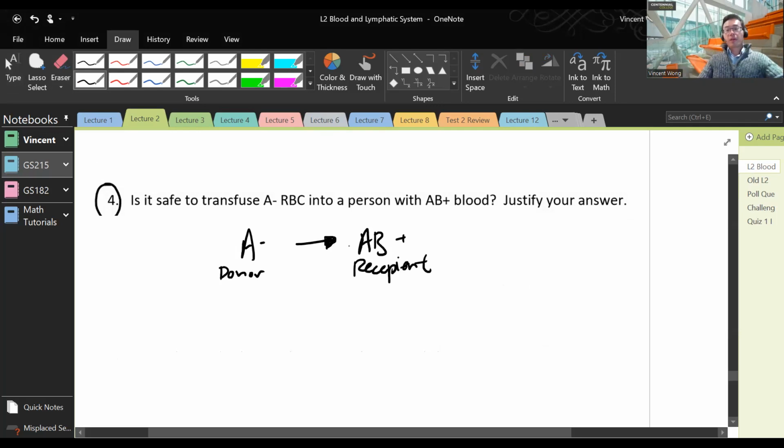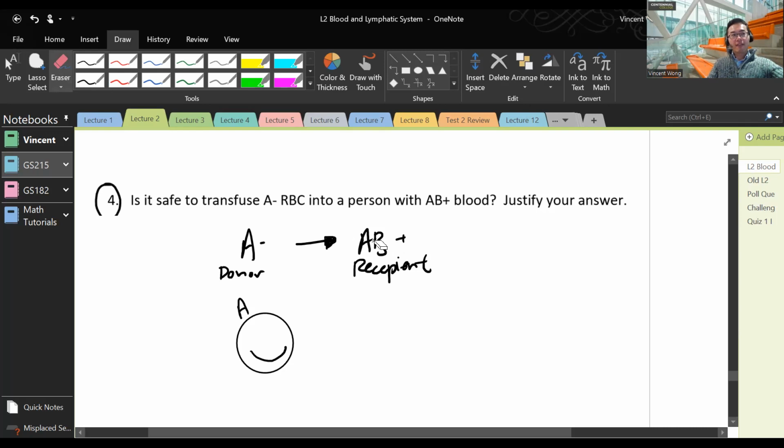So we have 3 questions we have to ask, right? Number 1, what is on the donor's RBC? So we're going to draw the donor's RBC. Okay. A negative means there is A on the surface, and that's about it. There's no B, there's no RH. For the recipient, who is AB positive, what kind of antibody will the person have?